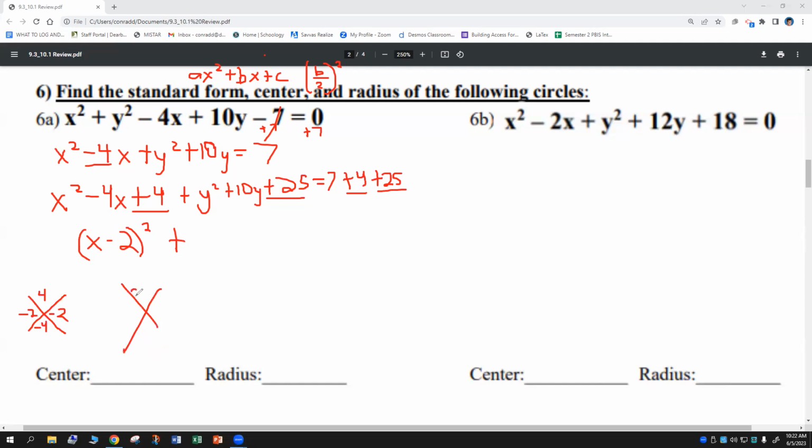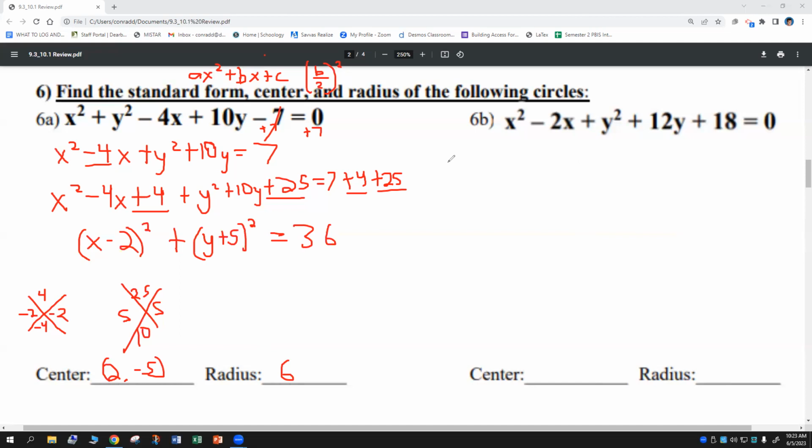So we need two numbers that multiply to 25, add to positive 10, which should be 5 and 5. So we're going to have (y + 5) and (y + 5), which we're going to simplify to (y + 5)². And then that equals 7 plus 4 is 11. 11 plus 25 is 36, which means our center is (2, -5) and our radius is 6.